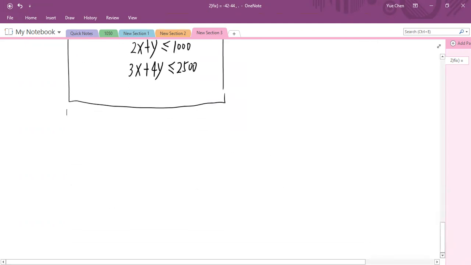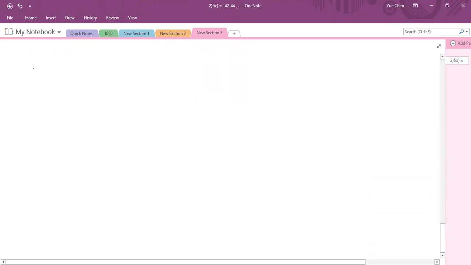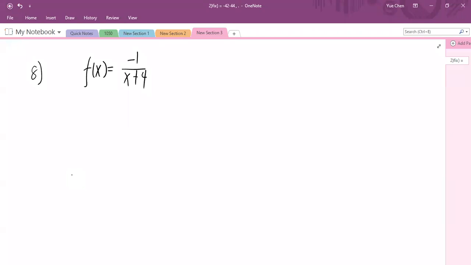Number 8 is a rational function, right? Which is f of x equals -1 over x plus 4. So the graph is already given, right? You can see from the graph there is a dashed line, which is x equals -4, right? This is called the vertical asymptote.